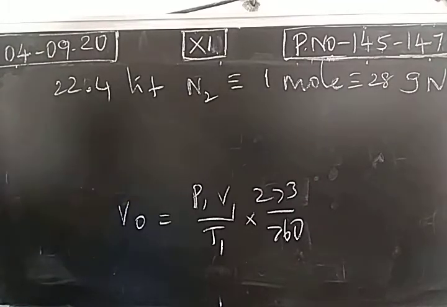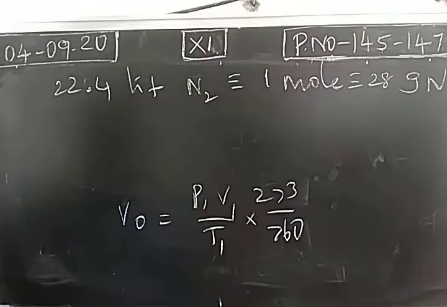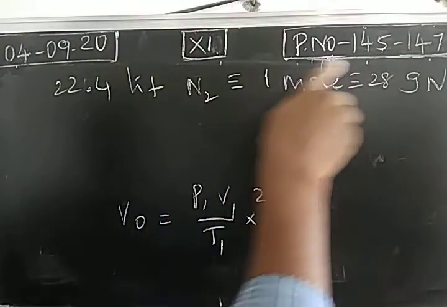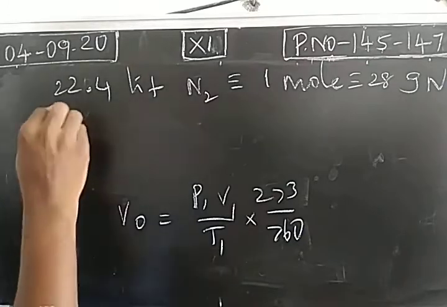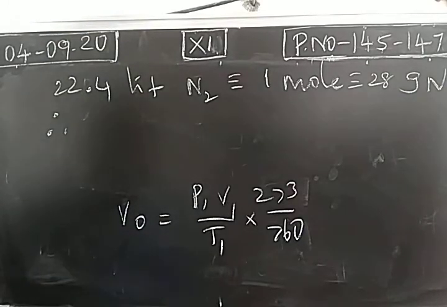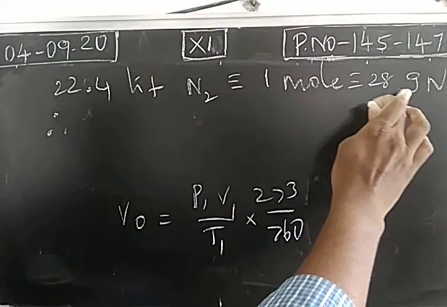So we take nitrogen gas in a container whose volume is 22.4 liter, which is nothing but 1 mole of nitrogen gas. That means how much weight? 28 gram. So 22.4 liter nitrogen contains 28 gram. Therefore, V0 liter contains what? 22.4 liter nitrogen contains 28 gram of nitrogen.